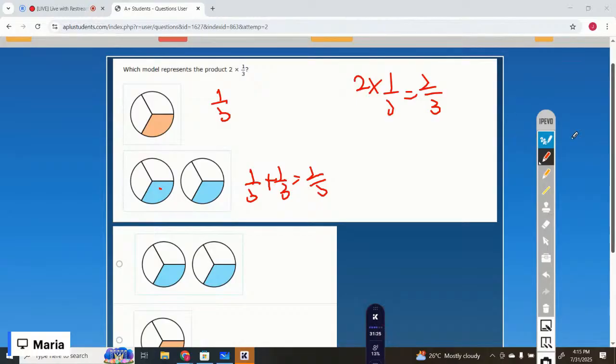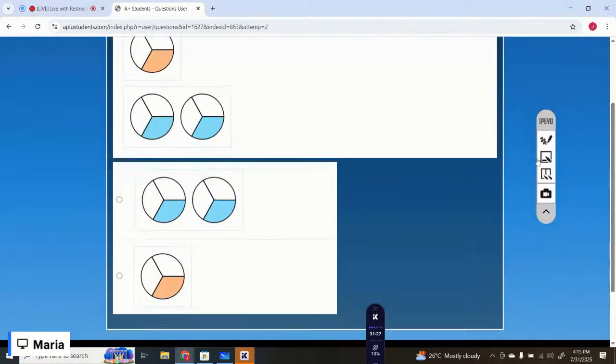So option number 2 is the correct option. The first option is 2 by 3.